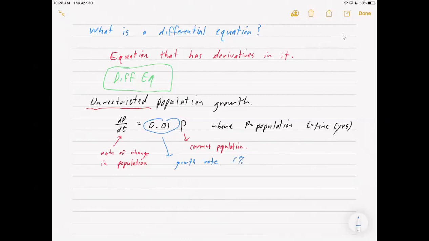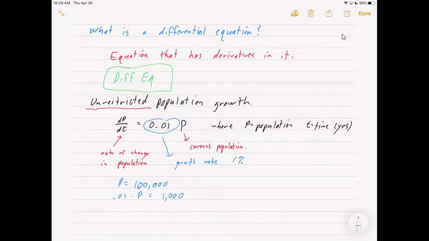Okay, now notice that's how much the population grows. So dp dt, let's say if p were let's say 100,000, then 0.01 times p would be 1,000. So if you had a population of 100,000, your dp dt, your growth rate, would be 1,000. You have 1,000 more people the next year. Okay.